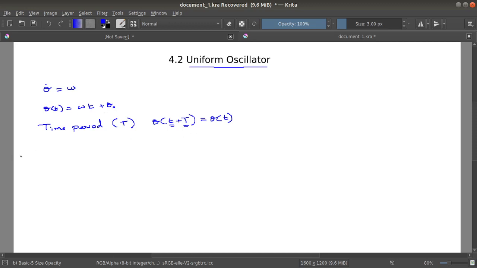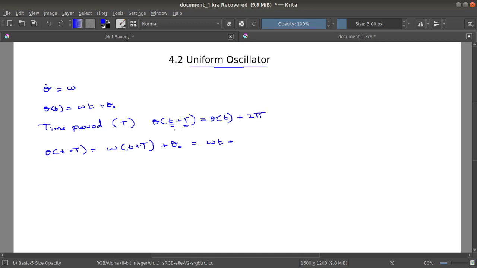Let's use this condition. So theta of t plus capital T is equal to omega times t plus capital T, plus theta naught, which should be equal to omega t plus 2 pi.